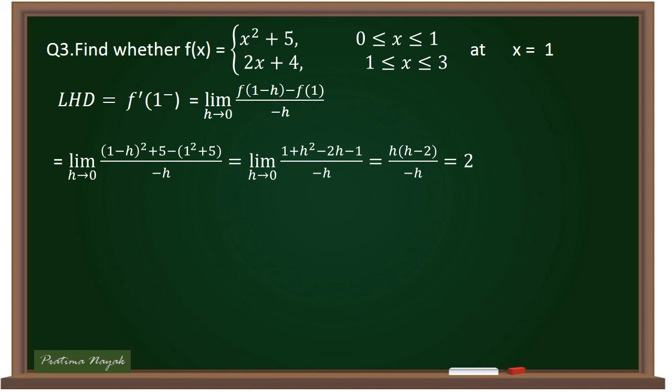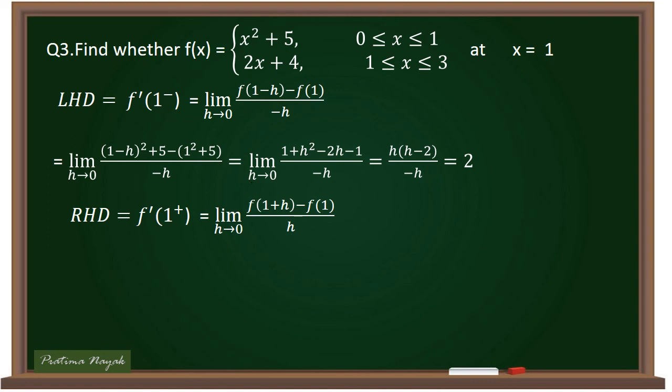And for right hand derivative you will take the value 2x plus 4 because x is greater than or equal to 1. Right hand derivative is f dash 1 plus is equal to limit h tends to 0, (f(1+h) - f(1))/h. So here you will put the second function 2x plus 4.